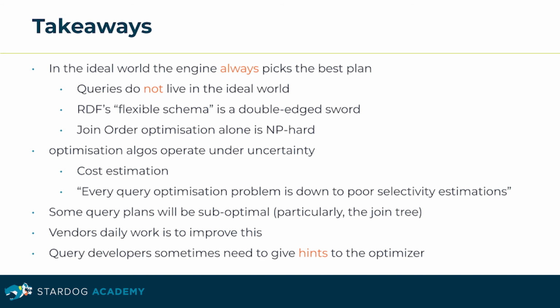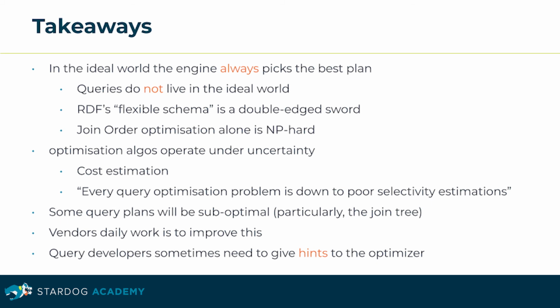In the ideal world, the engine always picks the best plan, but we don't live in the ideal world, and queries can have different plans depending on how the data is laid out, how the query has been expressed, and even things like the flexible schema that RDF affords, meaning that picking the right join optimization or the right operators in the plan is not always straightforward and is in fact classified as an NP hard problem.